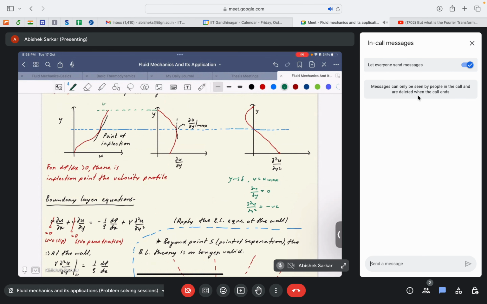So u equal to u max and ∂u/∂y equal to 0, and if I just superimpose it a bit, it basically means that ∂²u/∂y² is negative. So I hope now it is perfectly clear.